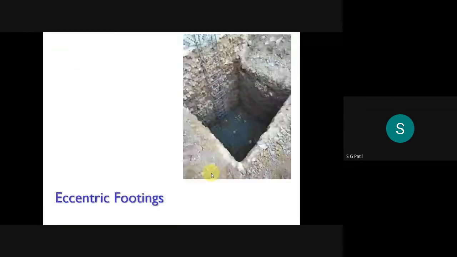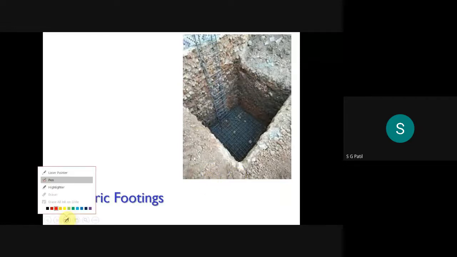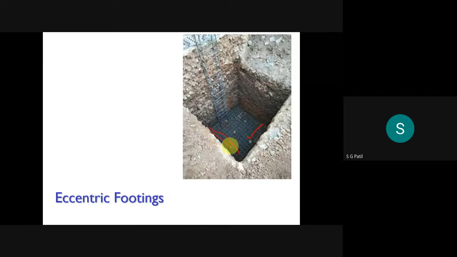These definitions, everything we have seen. Today I will discuss eccentric loading. Eccentric loading usually comes into the picture when, as you see in this figure, this is your footing, and your column is not at the center.